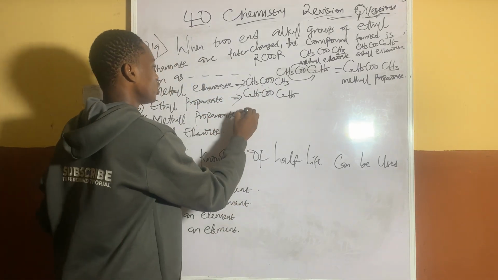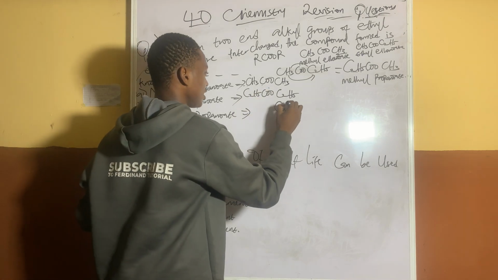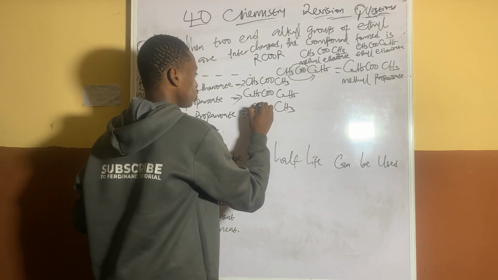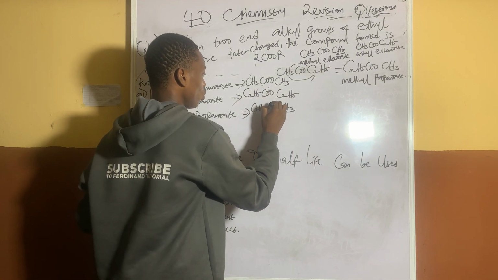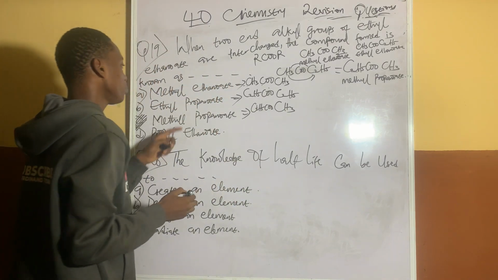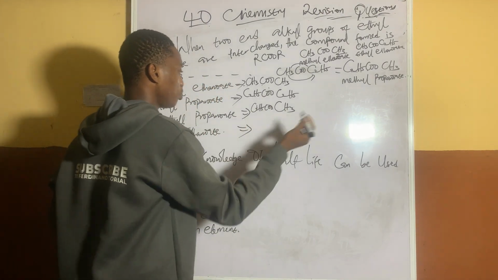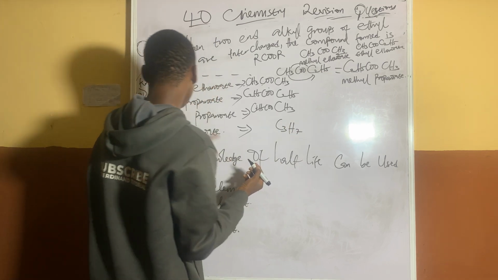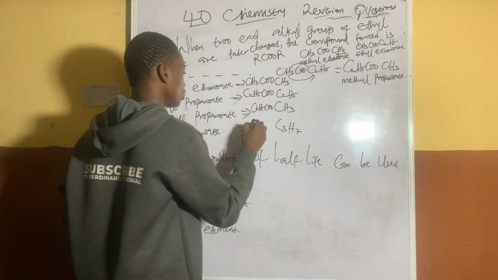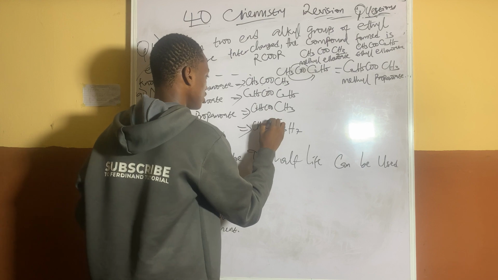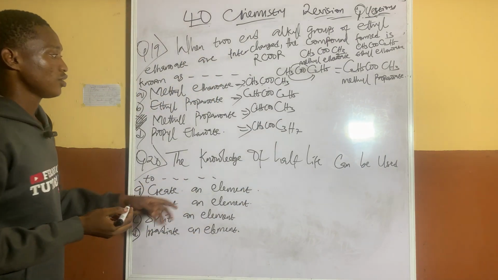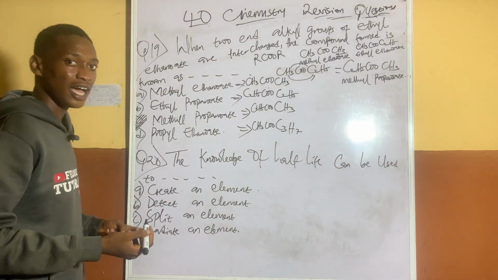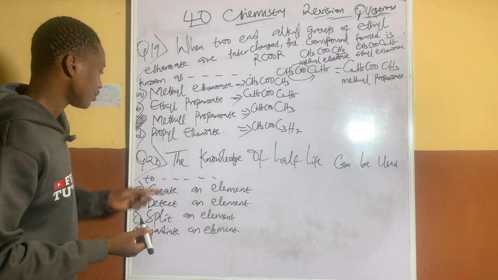Methyl propanoate, just as I've said, you have CH3 and then C2H5COO. And then propyl ethanoate, you start from the back. Propyl simply means C3H7. Ethanoate will now be CH3COO. Are we together now? So this is how esters are arranged and named.